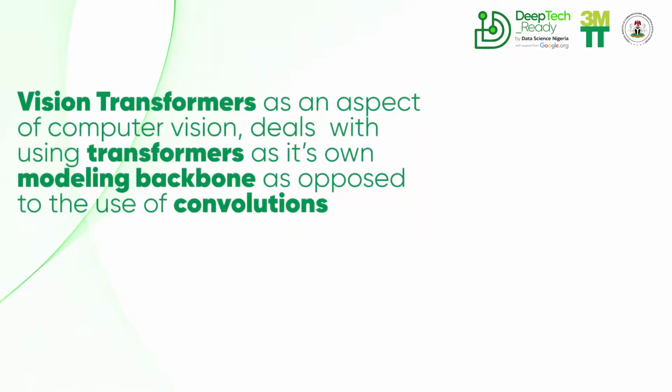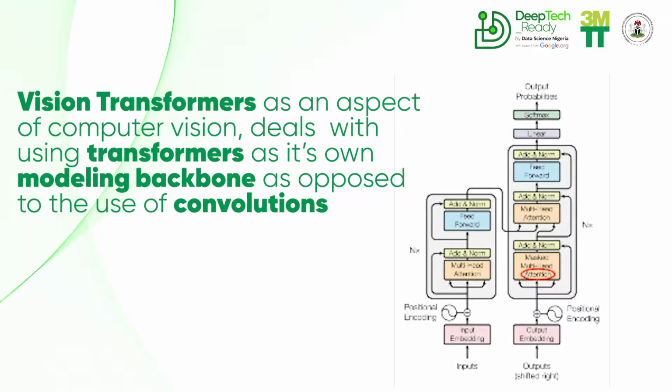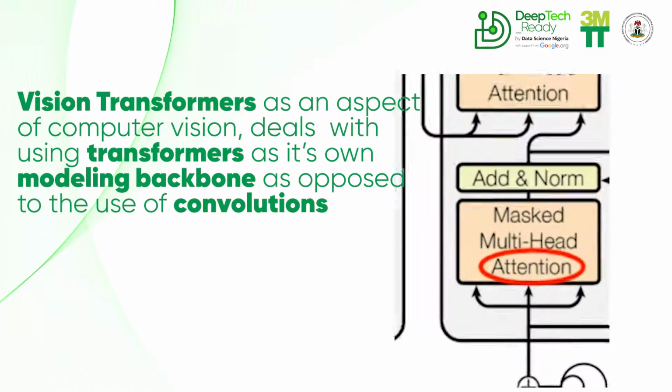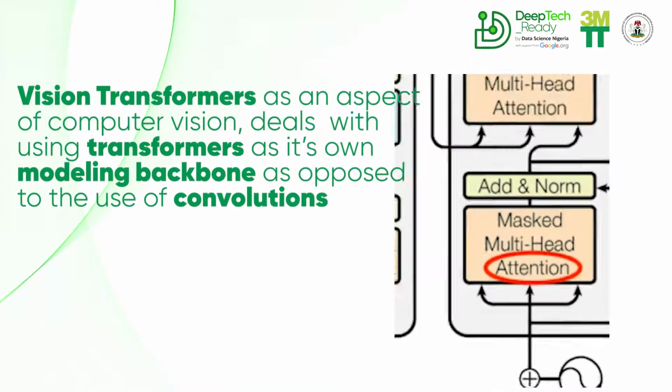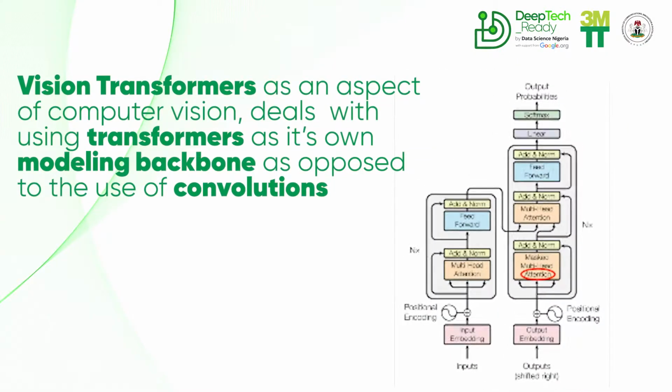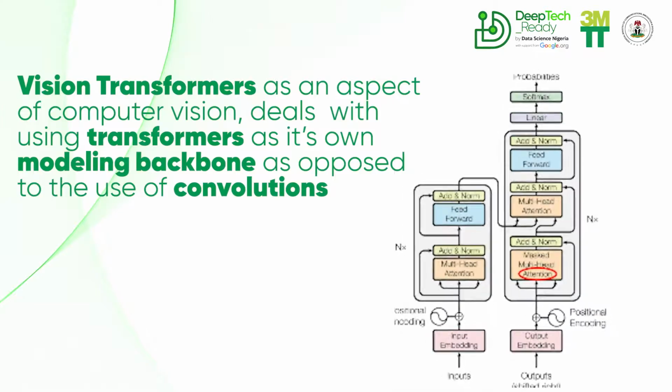When we talk about vision transformers, it's an aspect of computer vision that deals with using transformers as its modeling backbone as opposed to the usage of convolution. It's a field of modeling whereby you are not trying to build visual models with the usage of convolution.